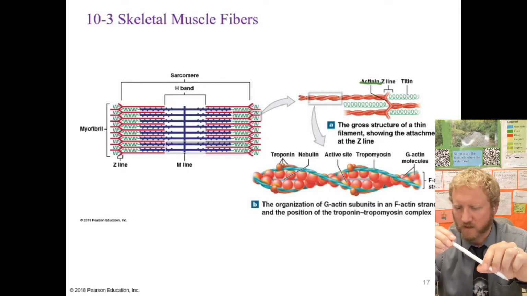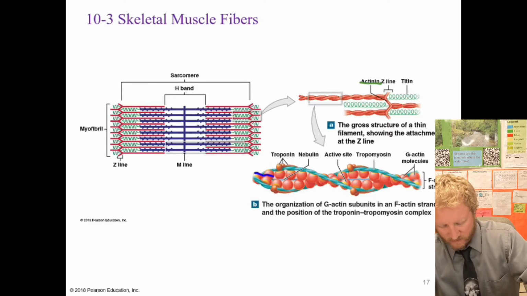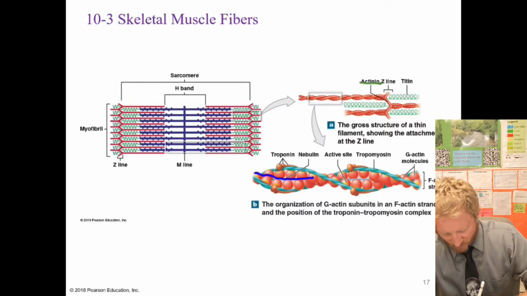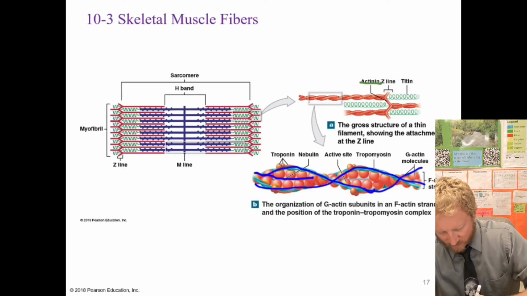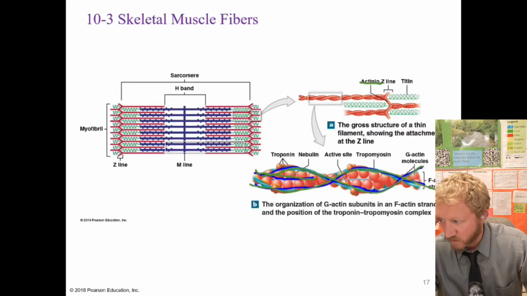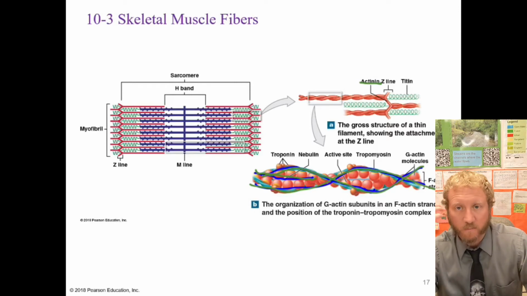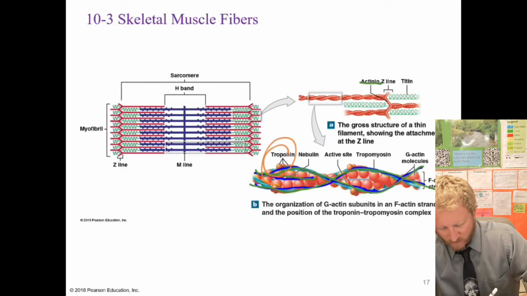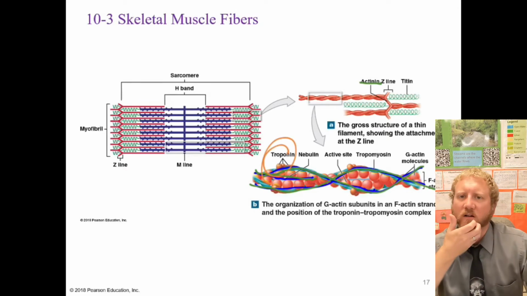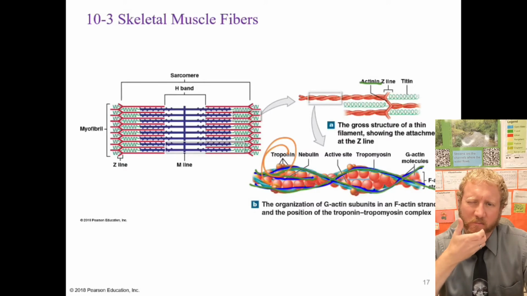They also have a protein called tropomyosin. It's kind of hard to see, but those are these green licorice proteins that weave all through here. That's the tropomyosin, and those are structural proteins that are going to hold the actin in place and expose the active sites. And then there's another protein called troponin right here that kind of acts like a blocker to let the muscles rest.